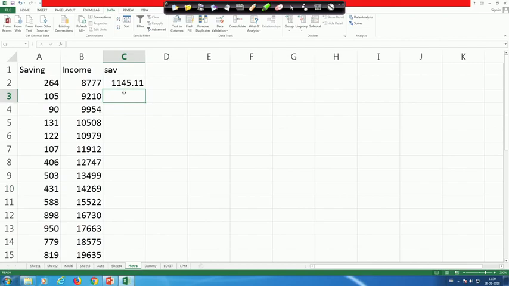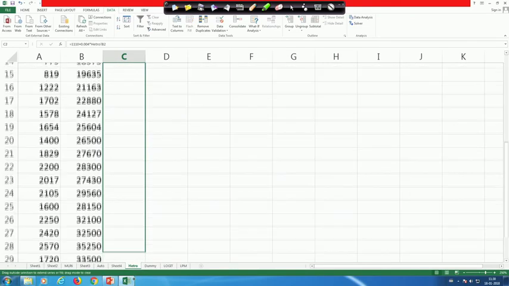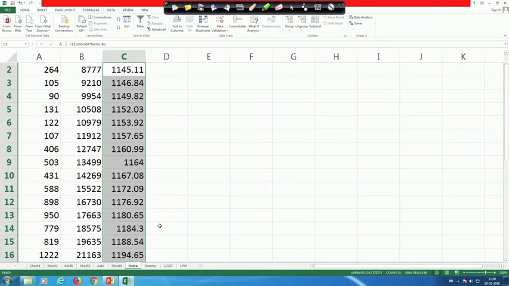Then you enter, and scroll down again. This will generate the saving estimates.